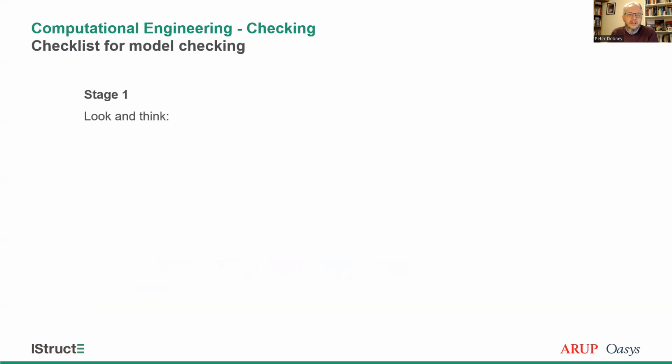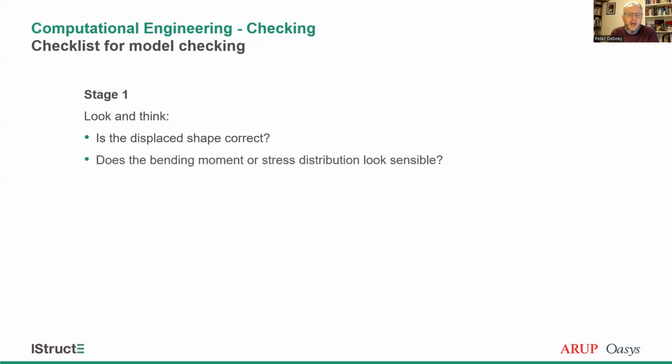So how do we go about this? Look at the results. Does the displaced shape look correct? Is it bending in the way that you expect it to do? Does the bending moment diagram look right? The stress distribution, the shear forces, this sort of thing.